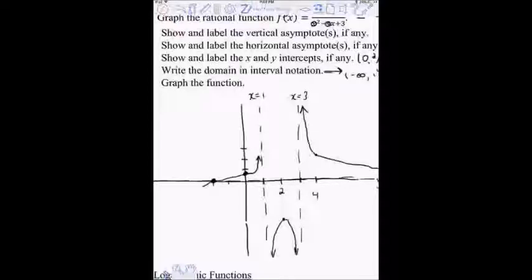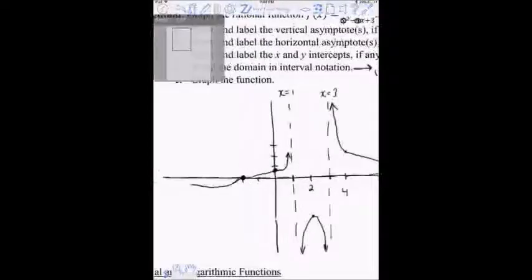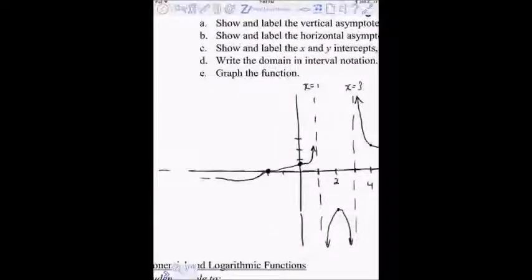So the graph isn't just going to keep going down like that. Remember, on the far right side and the far left side of these graphs, the graph has to scoot along the horizontal asymptote. So it's going to come down and then just continue to scoot underneath and get closer and closer to that horizontal asymptote.